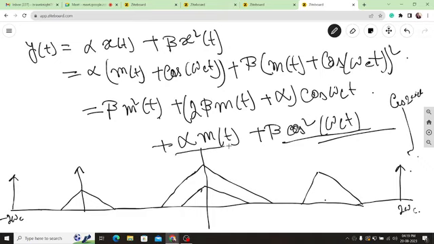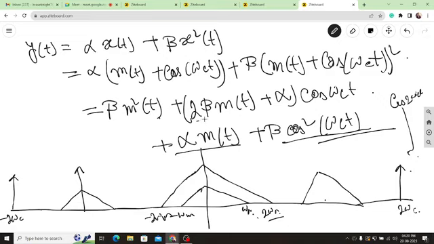We have a signal alpha m(t), so this will have minus omega m to omega m. Also a signal m square t, so that is minus 2 omega m to 2 omega m.